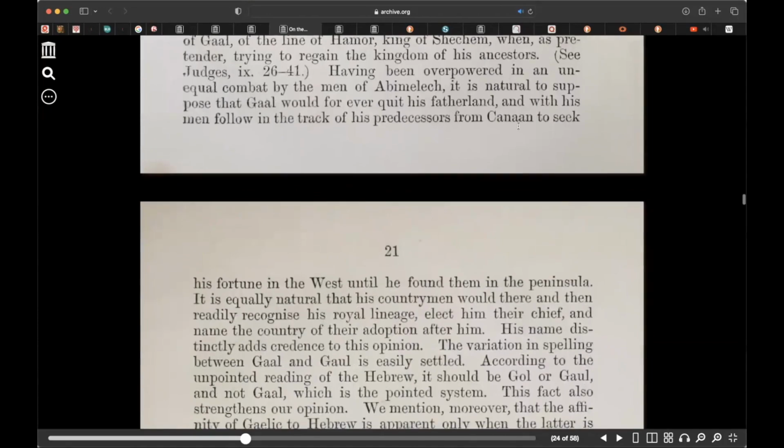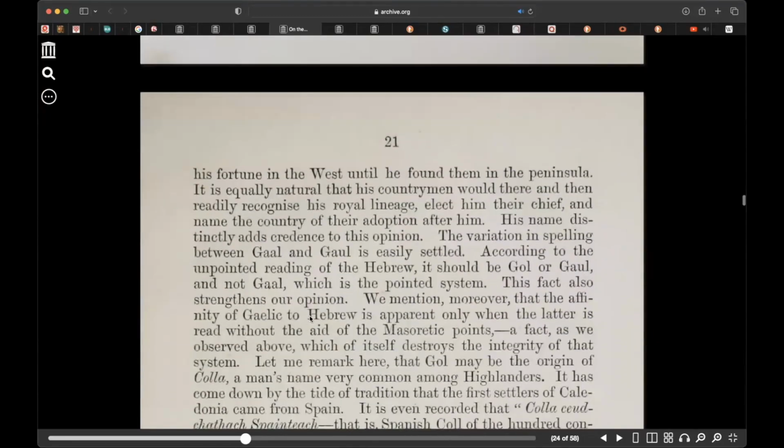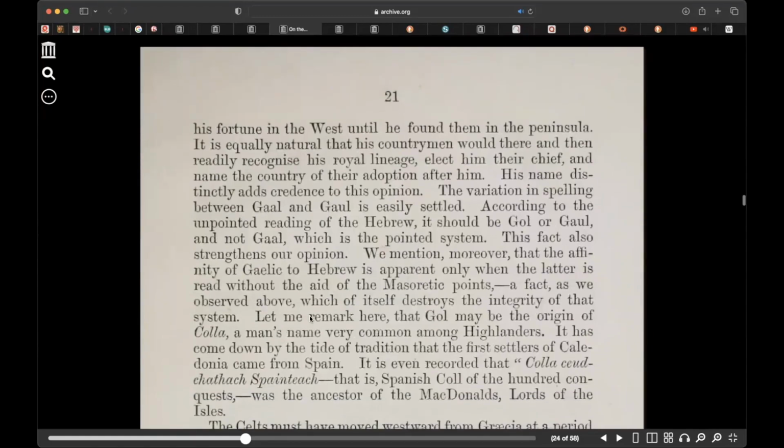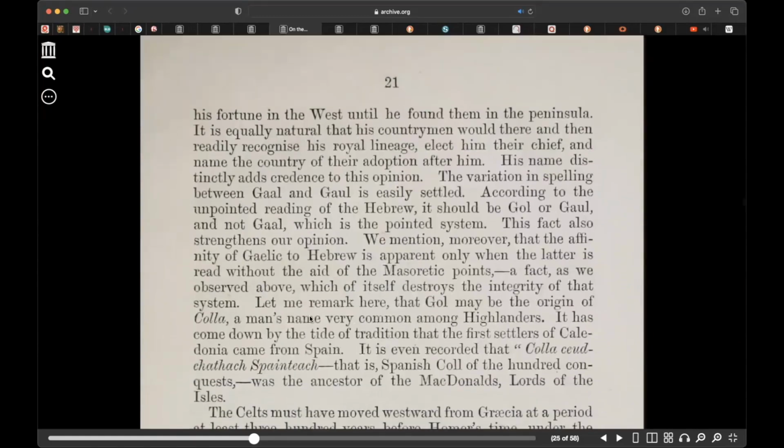Now remember, Canaan, ancient Canaan, real Canaan, the promised land is in America. So it says he went to seek his fortune in the west until he found them in the peninsula. It is equally natural that his countrymen would there and then readily recognize his royal lineage, elect him their chief, and name the country of their adoption after him.